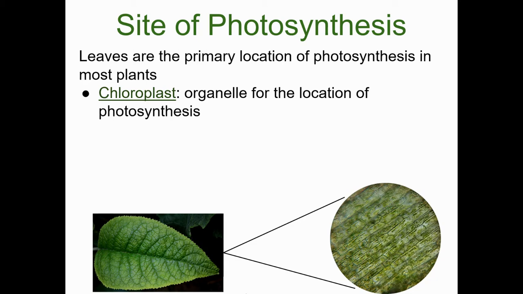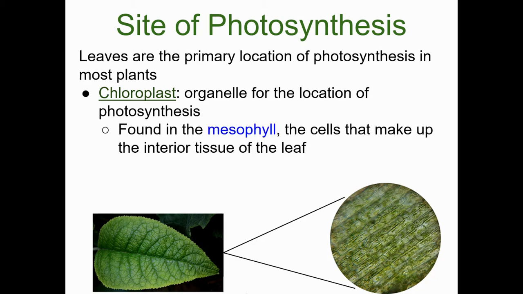This image down at the bottom is zooming in on that leaf, and there you go. You can see a microscopic image of the cells and inside. Here we're going to look into mesophyll. Mesophyll are cells that make up the interior tissue of the leaf. In this image we're zooming in on the tissue, so then we can actually see the cells.